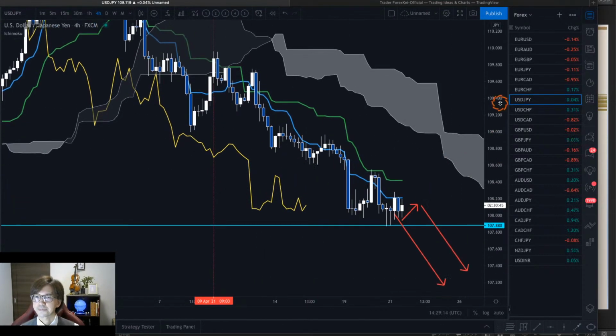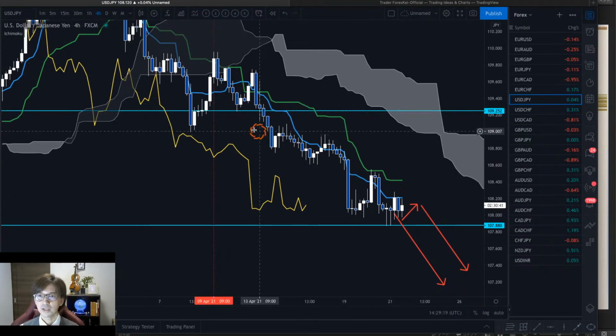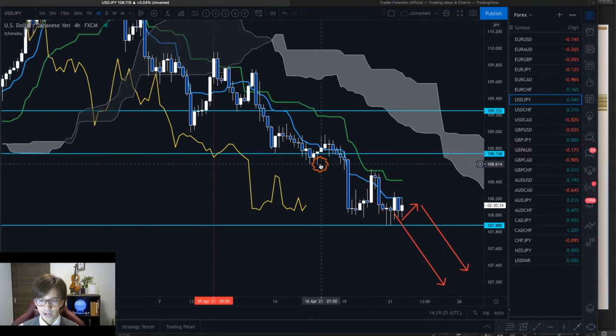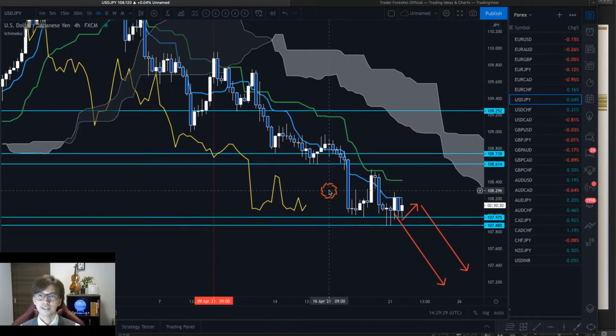So in this condition from the low here, I just simply mark these horizontal lines on the lows. So we had these 5 support levels here, and simply I measure the pips in between the lows.